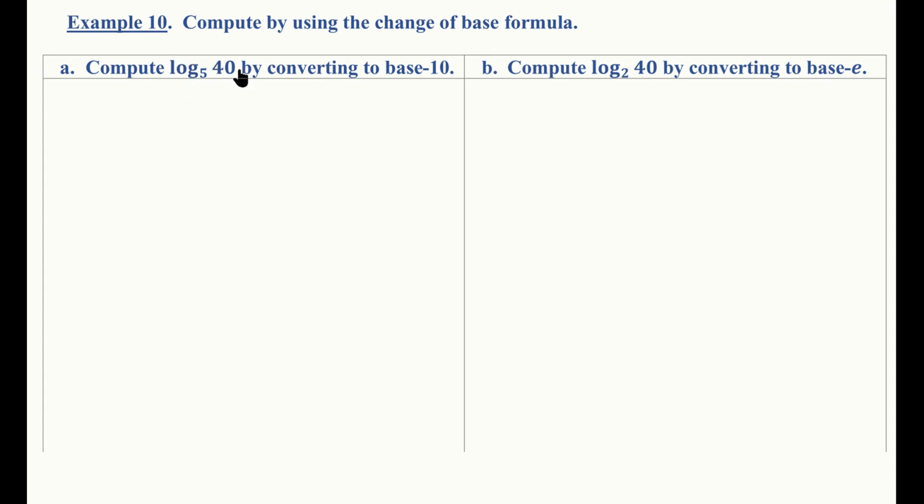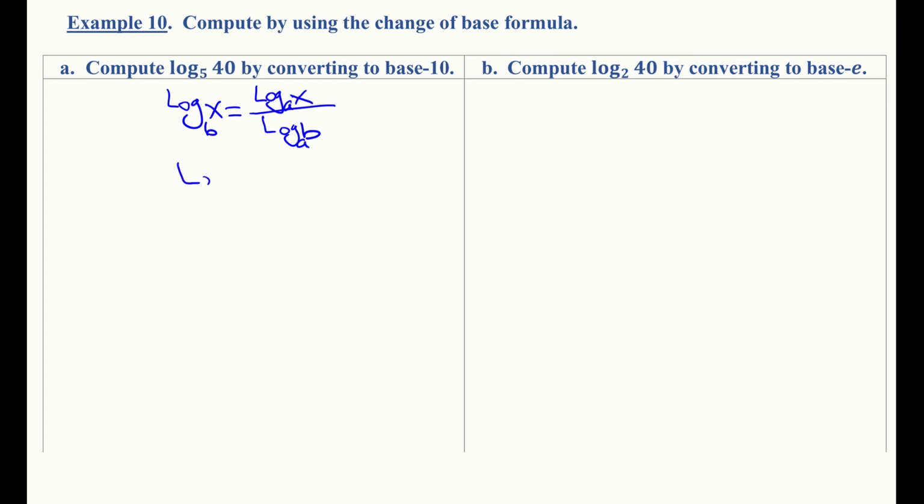We're going to compute log base 5 of 40 by using log base 10 logarithms. So let's recall the change of base formula. It says if you have log base b of x, you can compute it by using log of any other base of the same argument, as long as you divide it by log that same base of the original base.